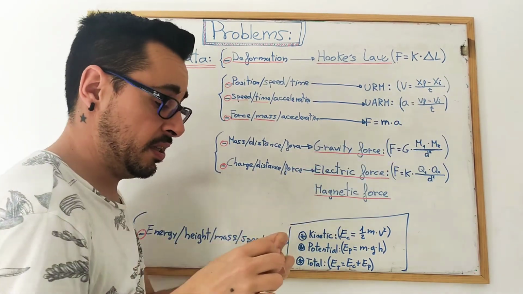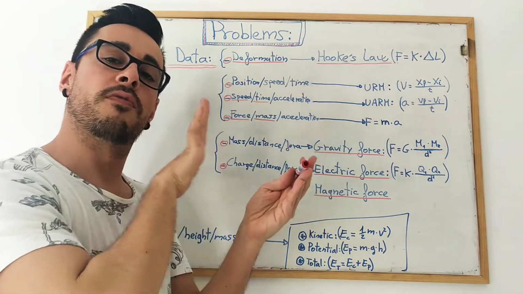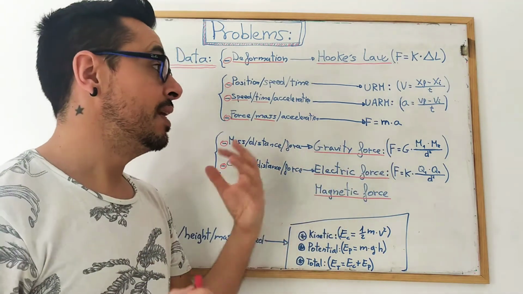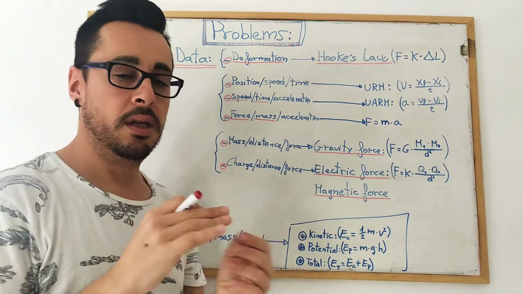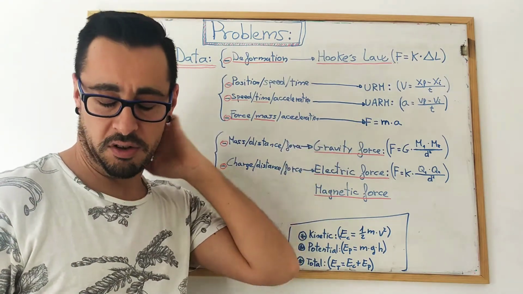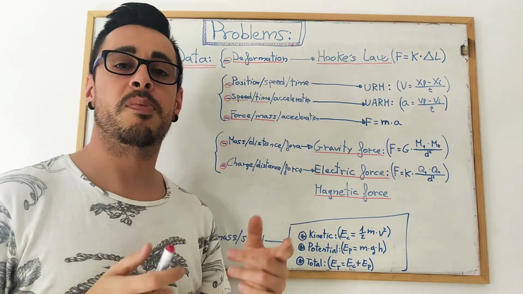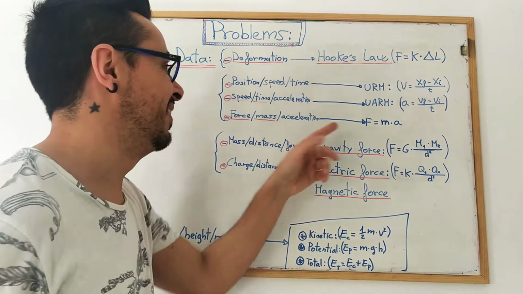Because if this object weighs 5 kilograms and I push it with a force of 5 newtons, it is going to start moving with an acceleration. I'm not going to do the calculation, but imagine that the acceleration is 10 meters per square second, so that's really fast.